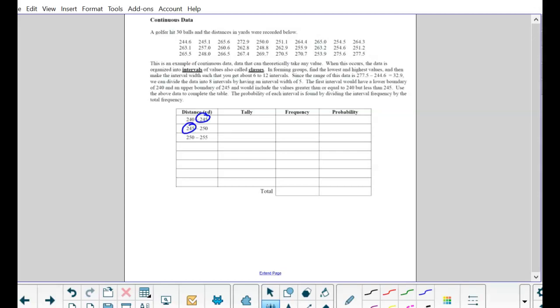What this is saying is that the highest value is not going to be included in this first interval. So it's really 240 less than or equal to x less than 245. Okay, but in order to prepare a histogram, we're going to have a common side at 245, and that's why it's listed twice there.